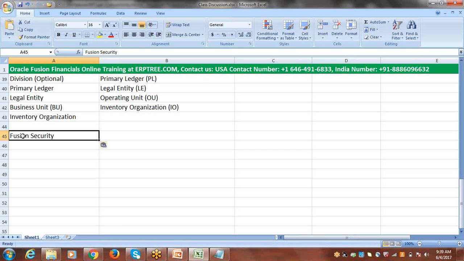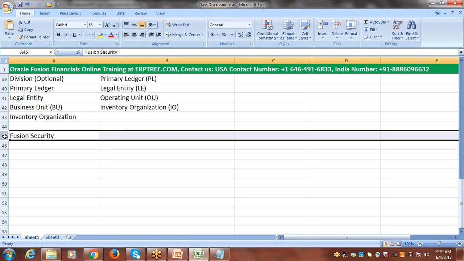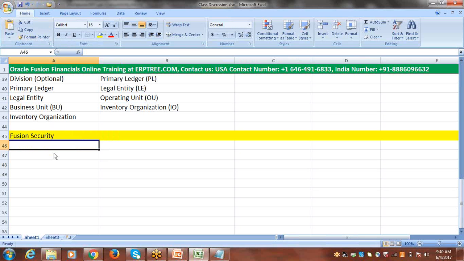So when you talk about Fusion security, within the Fusion, what security we manage, we'll simply call as role based access control, we call as RBAC.